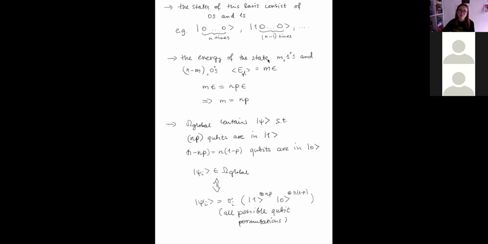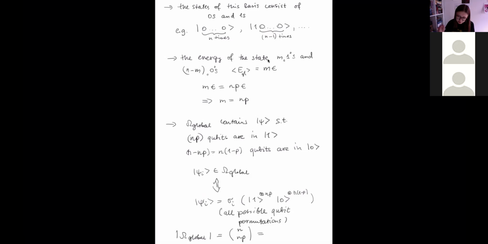And how many such states are there? As many as there are permutations. So the cardinality of the set omega global, which is just the number of its elements, is the number of ways we can choose Np positions out of N positions, which is just choosing Np from N. I don't know which notation you're more familiar with, so I'll write both.